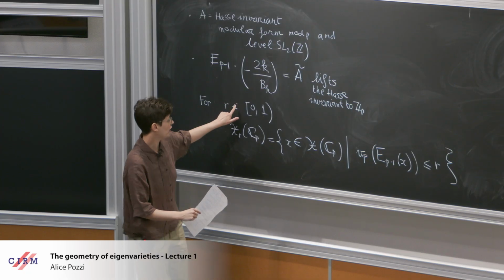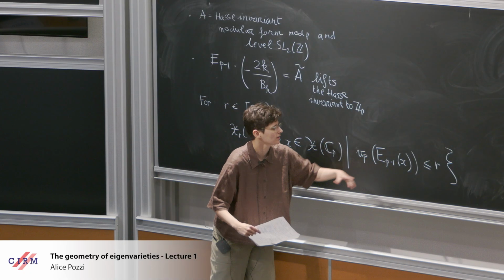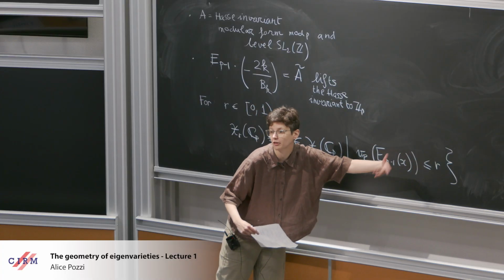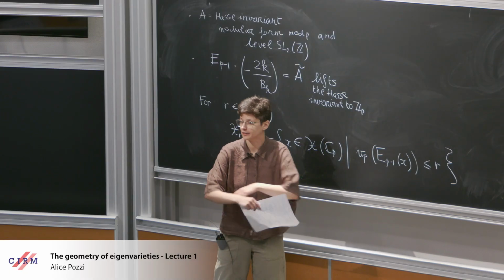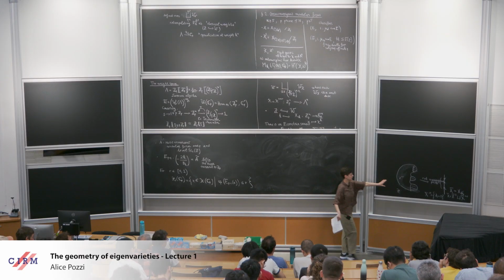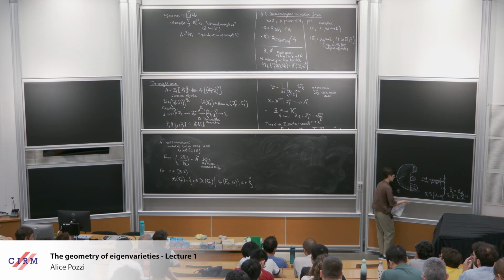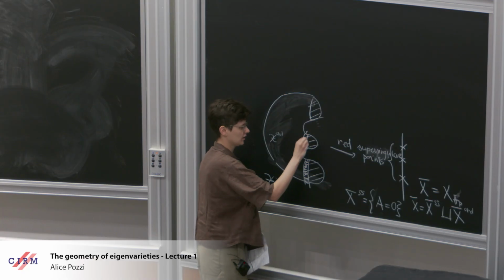So if I take r equals 0, here I get that the p-adic valuation of this object is less than or equal to 0, so it's 0. So it tells me that the lift of the Hesse invariant is invertible. And this is exactly recovering the ordinary locus. But in general, this will allow me to get a little deeper inside here.